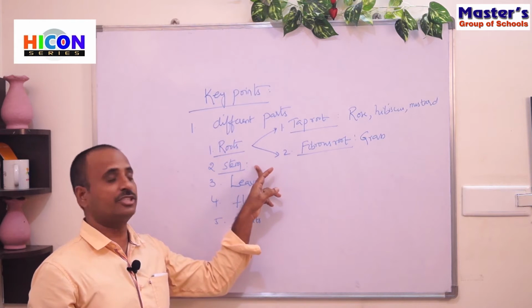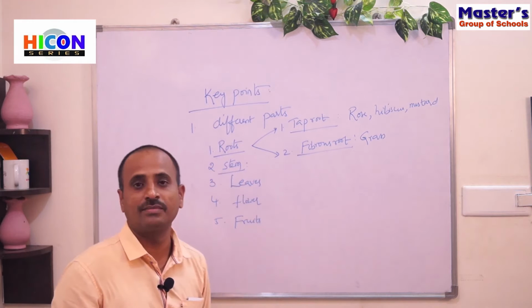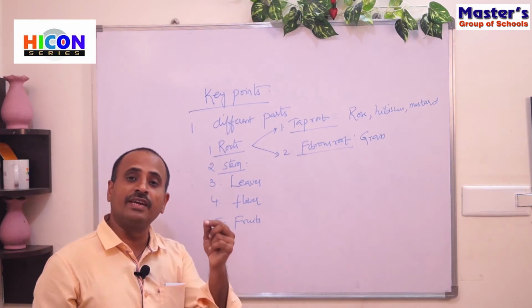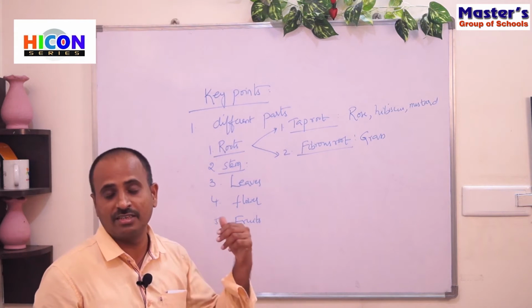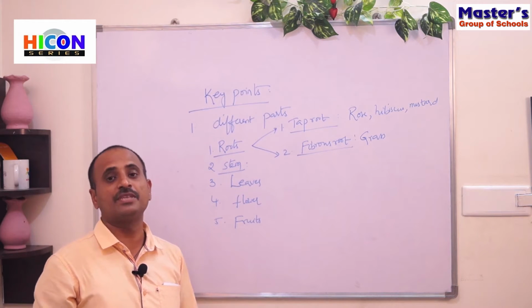In trees the stem is very strong, thick and woody, it is called trunk, whereas in shrubs the stem is thin but strong, whereas in herbs the stem is soft and weak and it is green in color.